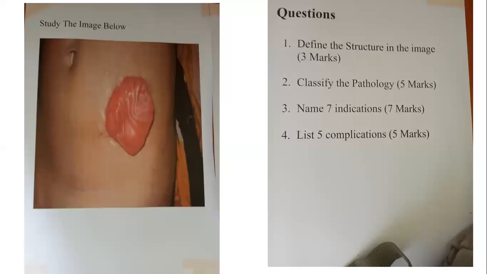So the indications again, like we said, can be congenital indications or acquired indications. The congenital indications for creating a colostomy will include, but are not limited to, one, to decompress the bowel in Hirschsprung disease. Two, to decongest the bowel in conditions such as anorectal malformations.